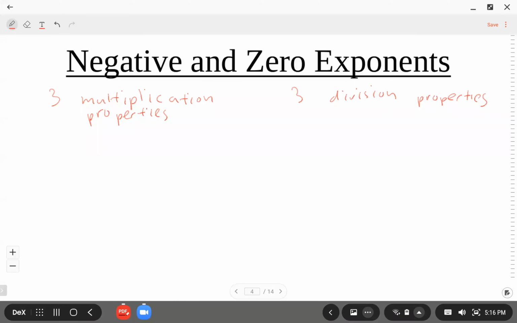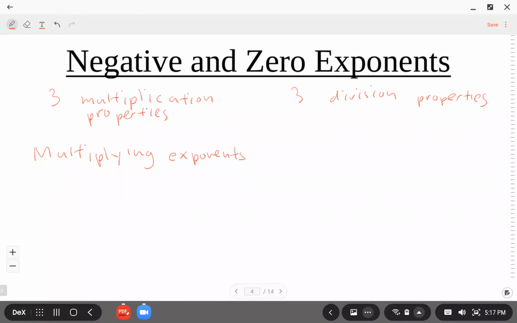So, let me go over the multiplication properties. First of all, when you multiply exponents, you're going to add those exponents, and this is where the base comes in handy.